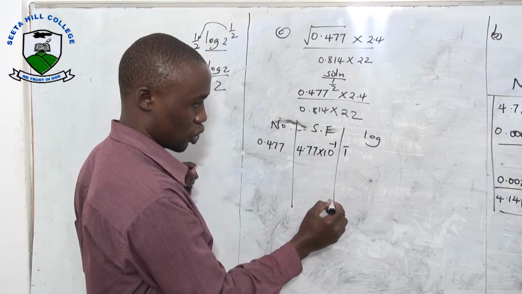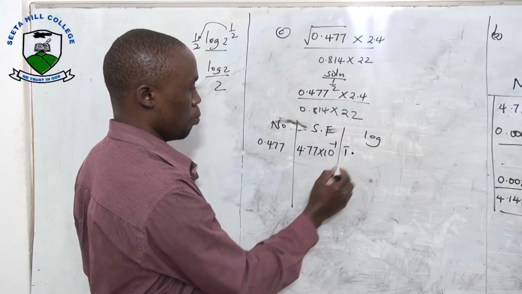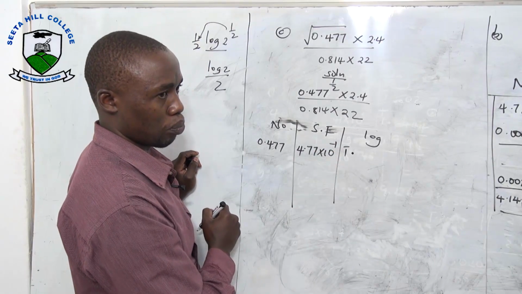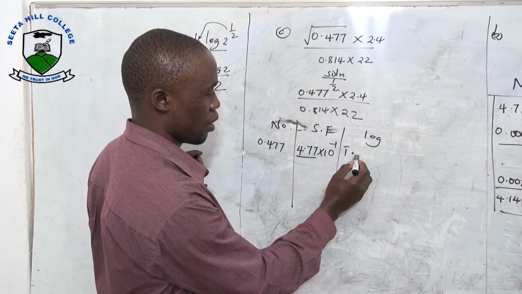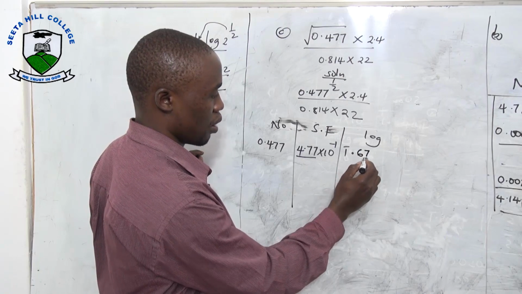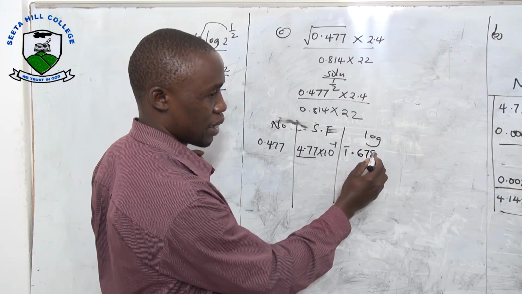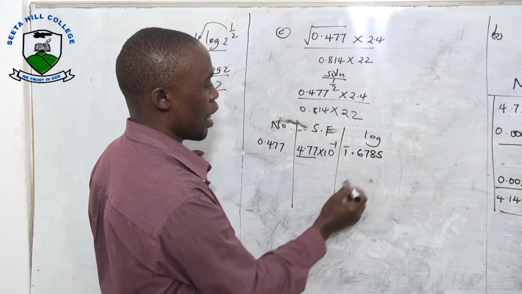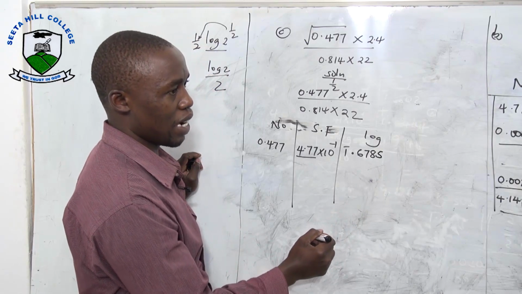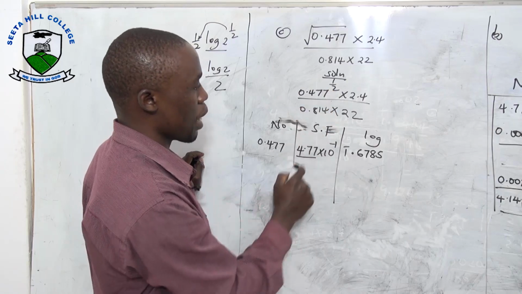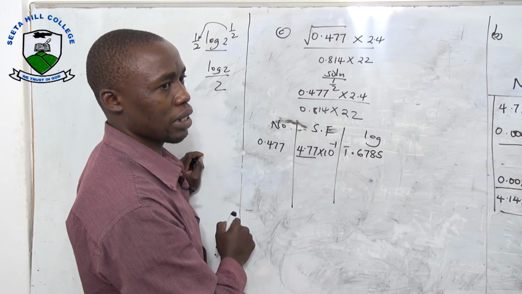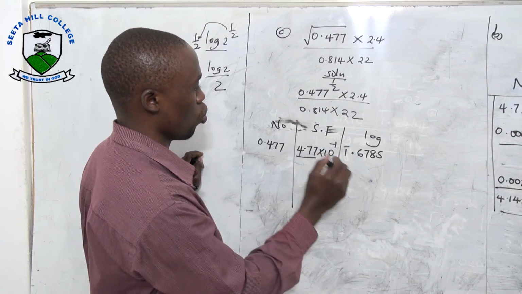So this becomes so. Log of this is 678.5. Now wait. At that stage, we are to first divide it by what? By 2.